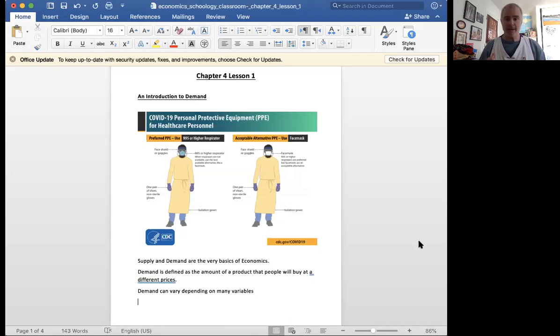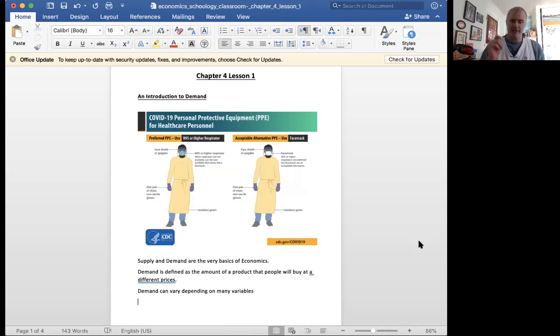We have looked at different economic systems and examples of those systems in real life and in theory. Now we're going to start the first step, the first basic understanding of what economics is all about.